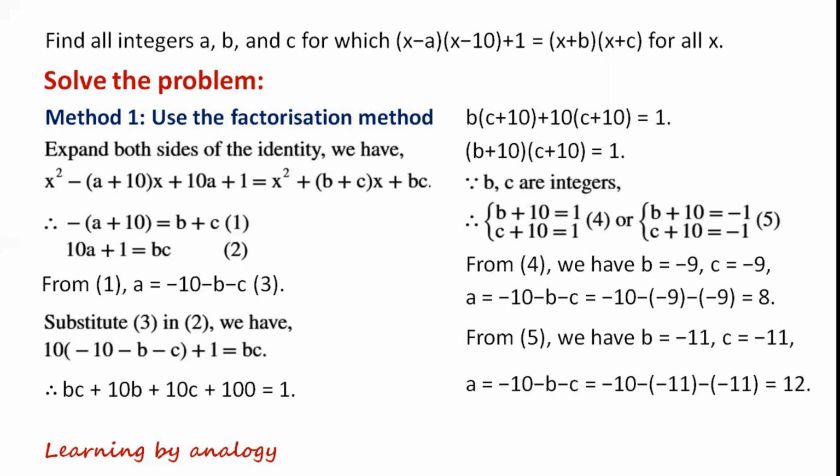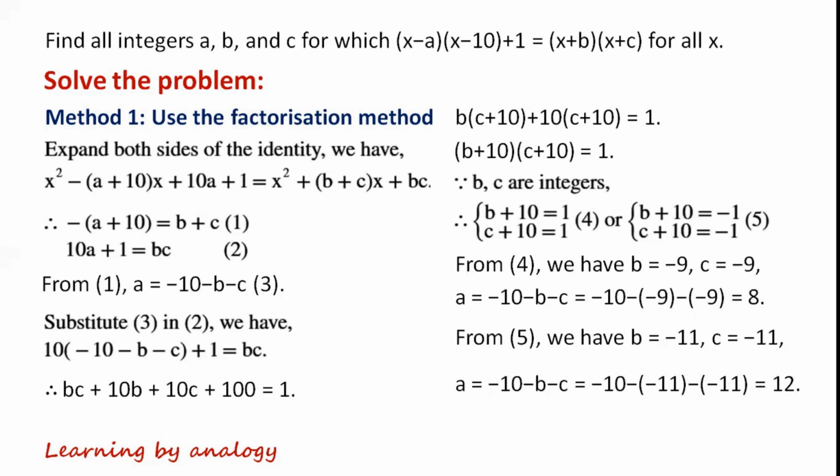From equations 5, we have b = -11, c = -11, a = -10 - b - c, which simplifies to 12.